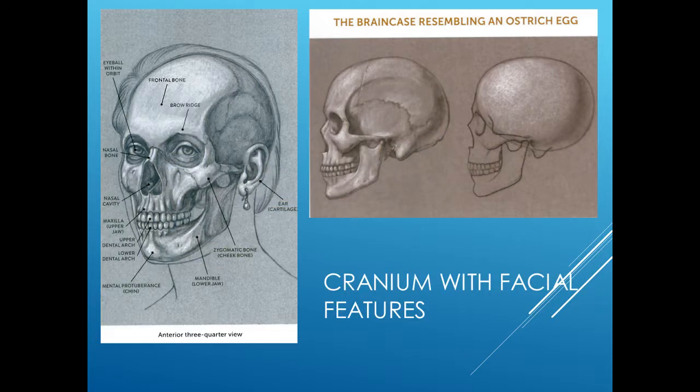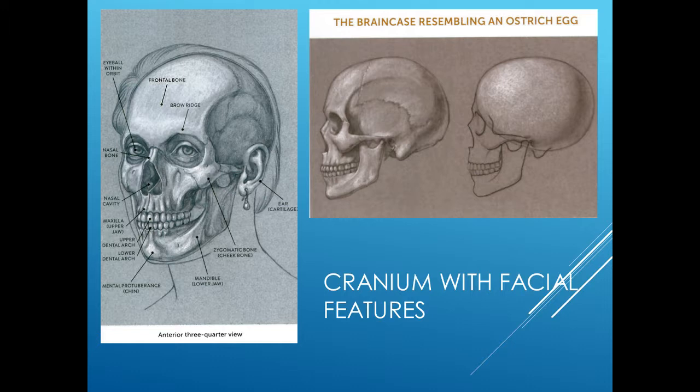All right, here's the cranium with facial features. You can see the skull right inside here, and then there's an outline of the actual human head drawn around it. So you get to see what it would look like with flesh on it. You can see some hair, and how everything fits in there. There's an ear covering up the auditory canal, and then we see some flesh around here.